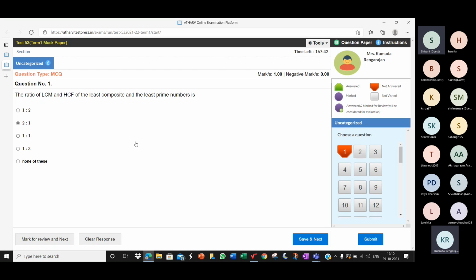The ratio is 2:1. LCM of 4 and 2 is 4. HCF of 4 and 2 is 2. So LCM is 4, HCF is 2. Ratio is 2:1.